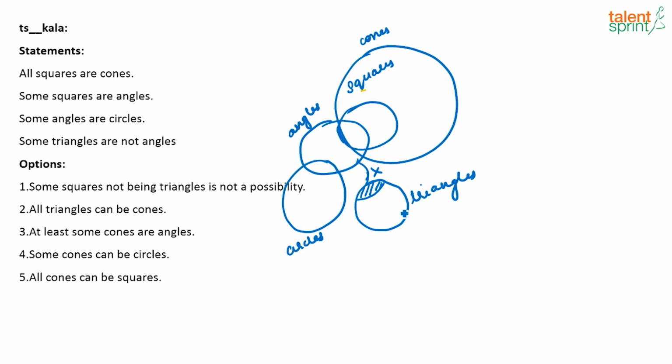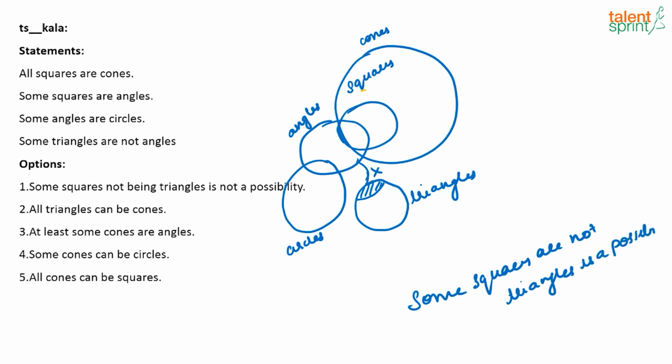Now just check if some squares are not triangles is a possibility. Can this happen? Yes, might be these squares are not triangles. This can happen. This is a valid possibility. It is not violating any other condition. So I cannot say for sure that this can never happen. So this option does not follow.